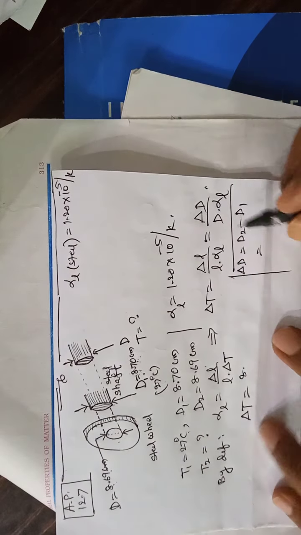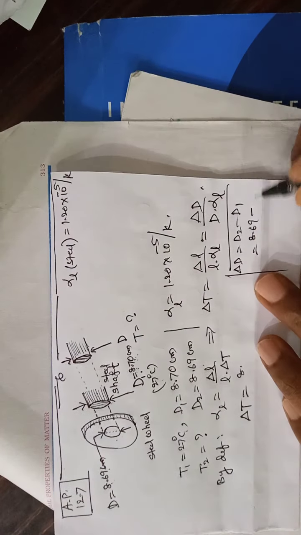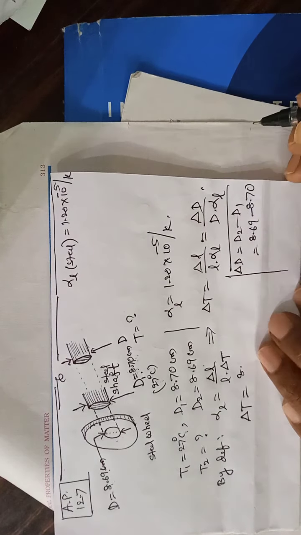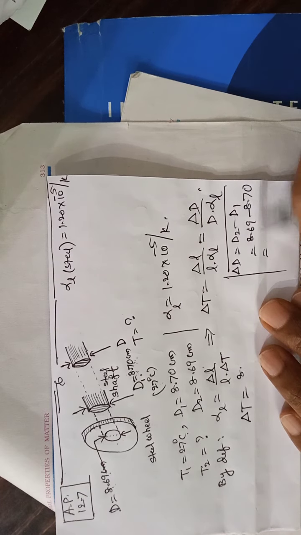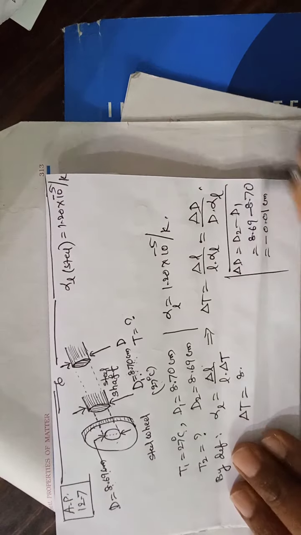D2 value 8.69, D1 value 8.70. We get minus 0.01 centimeter.